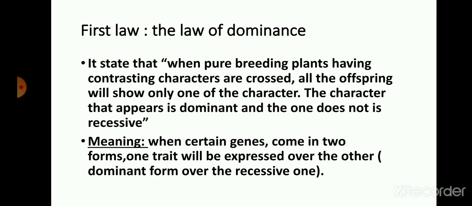So the meaning of this law of dominance is that when certain genes come in two forms, one trait will be expressed over the other, the dominant form over the recessive one. Basically, recessive forms do not appear in the F1 generation because the dominant allele suppresses the appearance of the recessive allele.